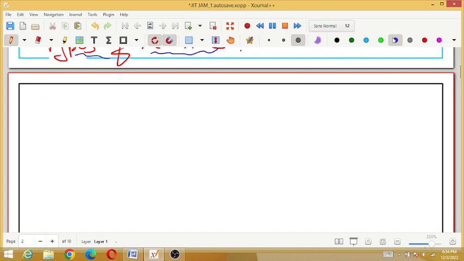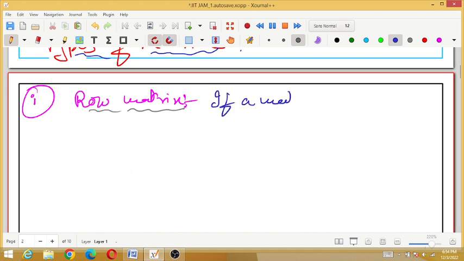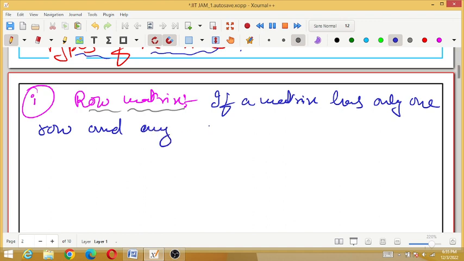Okay, in this, the first one is the row matrix. The name itself is there. If a matrix has only one row and any number of columns, it is called a row matrix.